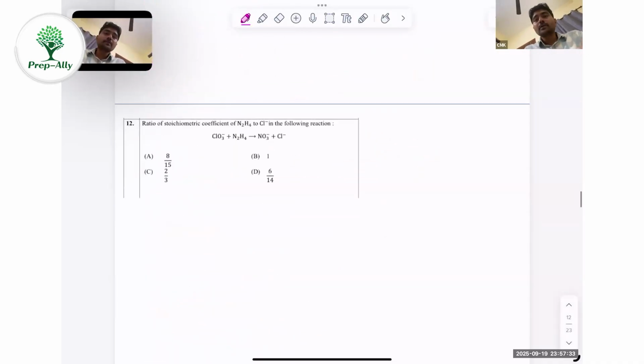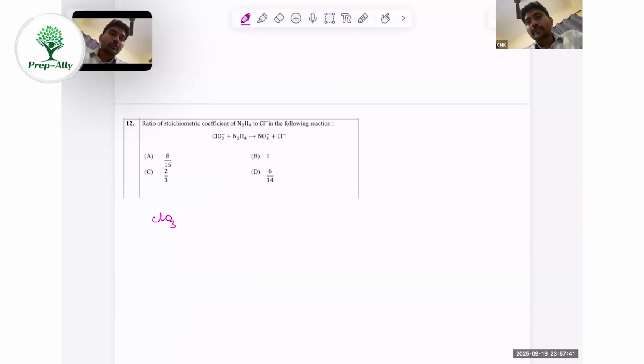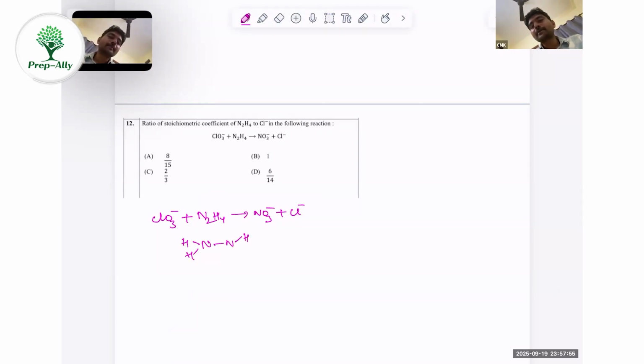The next question: ratio of stoichiometric coefficients of N2H4 to Cl minus in the following reaction. ClO3 minus plus N2H4 gives rise to NO3 minus plus Cl minus. Now N2H4, if you take it, there are hydrogens here.